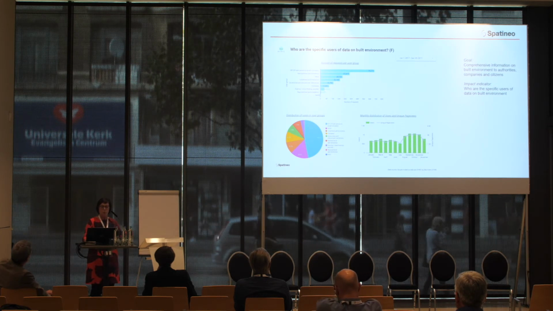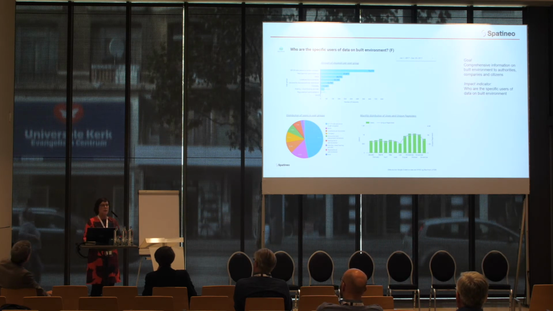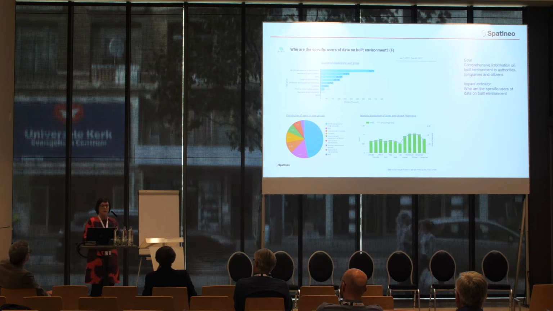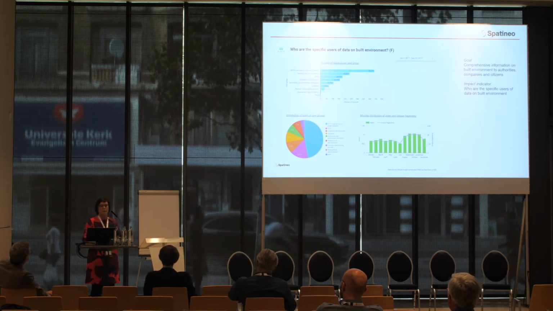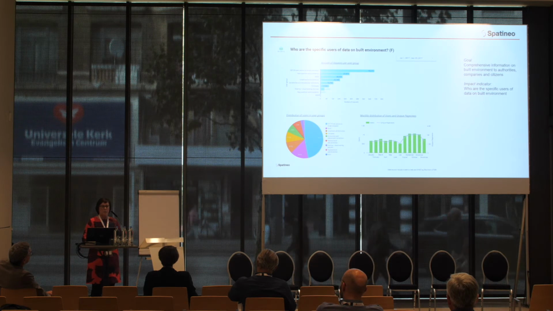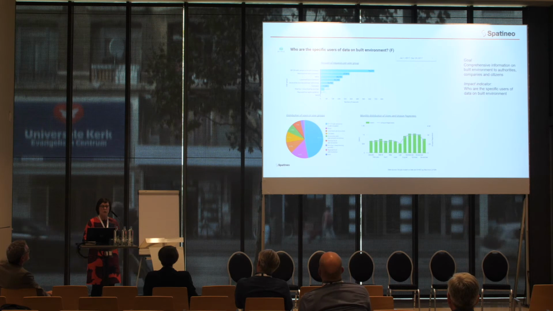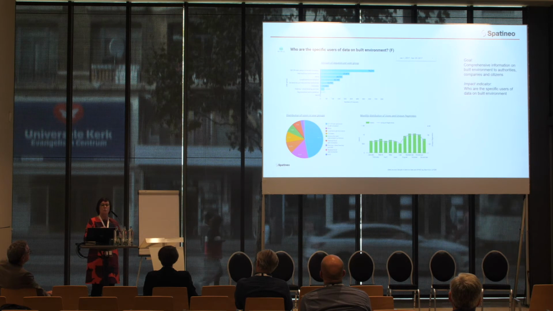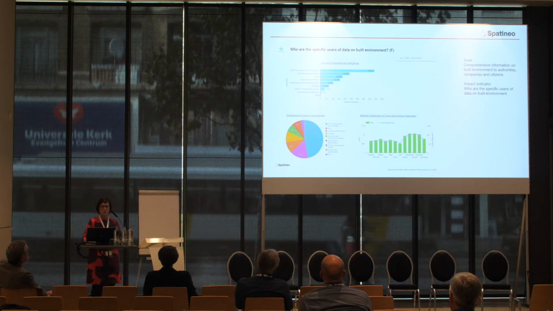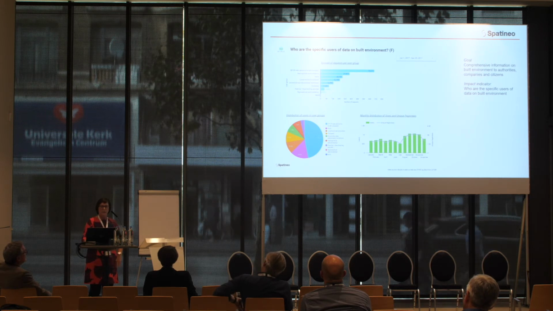This blue color shows citizens and small companies, because this analysis is based on IP addresses, so we can't actually make a difference between small companies and citizens. The orange color is local administration, and the red and yellow colors are, for example, companies. So we can see the distribution of different user categories. And we used third-party databases to analyze these.